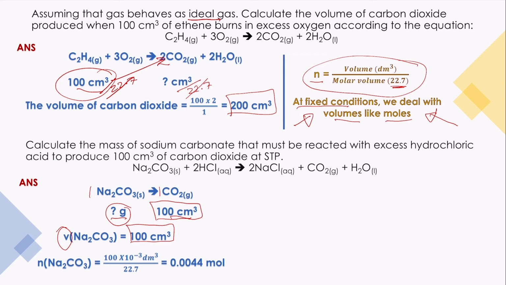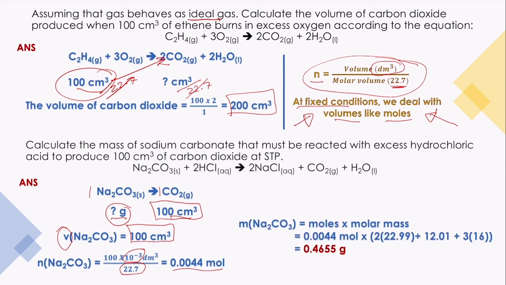So the number of moles is volume, but we have to use the volume in cubic decimeter. For that reason, you can see here I'm multiplying by 10 to the power negative 3 to convert the cubic centimeter into cubic decimeter all over 22.7. Then we have the number of moles of sodium carbonate.